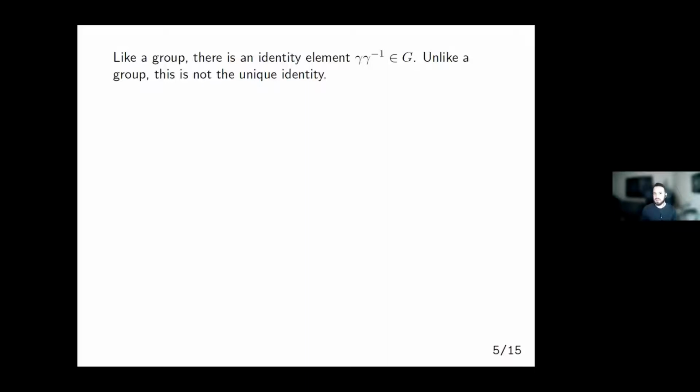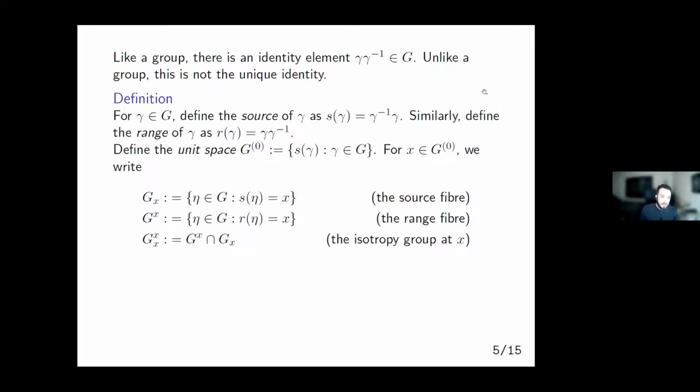So you can't do this usual proof for groups that you get a kind of unique inverse. You no longer have unique inverses, which of course leads to a bunch of fun stuff.